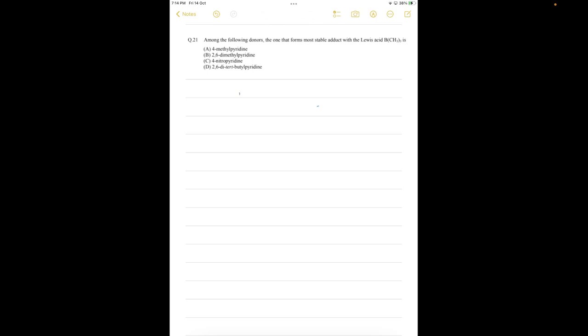So we know that the boron trimethyl borate, now if you write down the structure, it will look like this. The boron atom is sp2 hybridized, and the boron atom has an empty pz orbital.